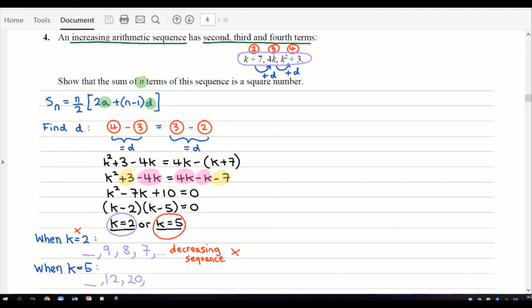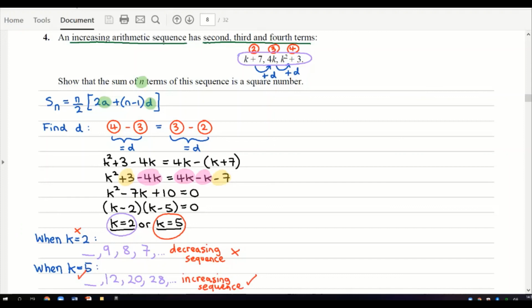And k squared, which is 25, plus 3, which is going to be 28, which is an increasing sequence. Brilliant. So this is an increasing sequence, which is what we wanted. So this is the correct value of k that we're going to use.